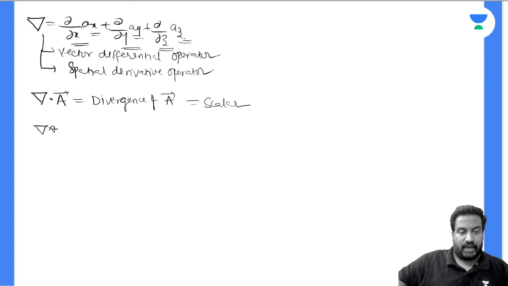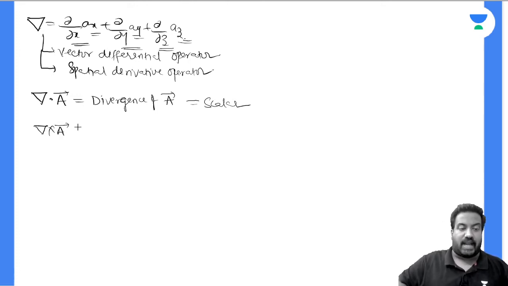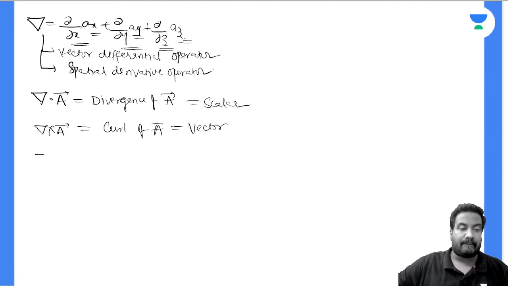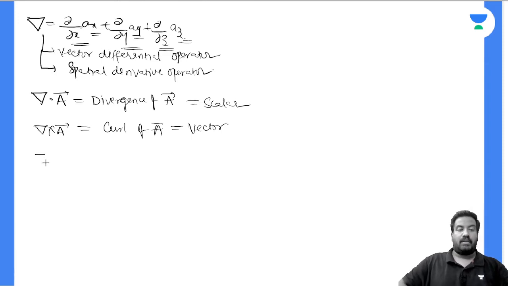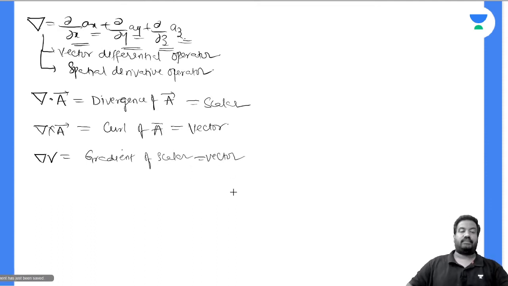And del, when operated on a vector using cross product, is called curl of A, which is a vector quantity. When del operated directly on a scalar, it is called gradient of scalar, which again is a vector quantity.